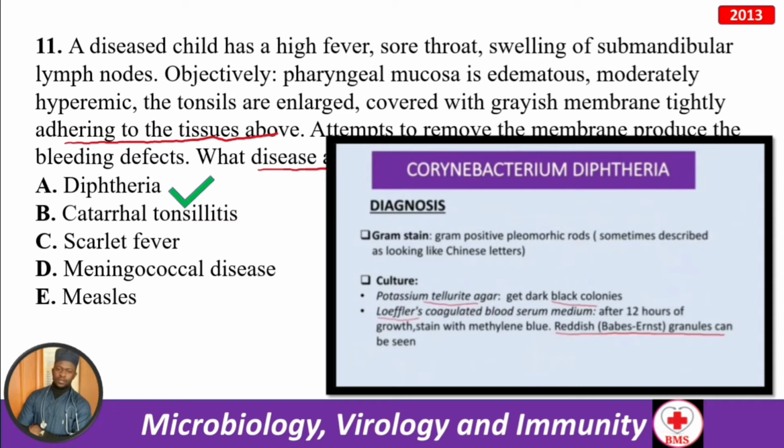On this agar, there will be dark black colonies on Loeffler coagulated blood serum medium. After 12 hours of growth, stain with methylene blue, there will be what? There will be reddish granules, also called Babes-Ernst granules, right? Okay.